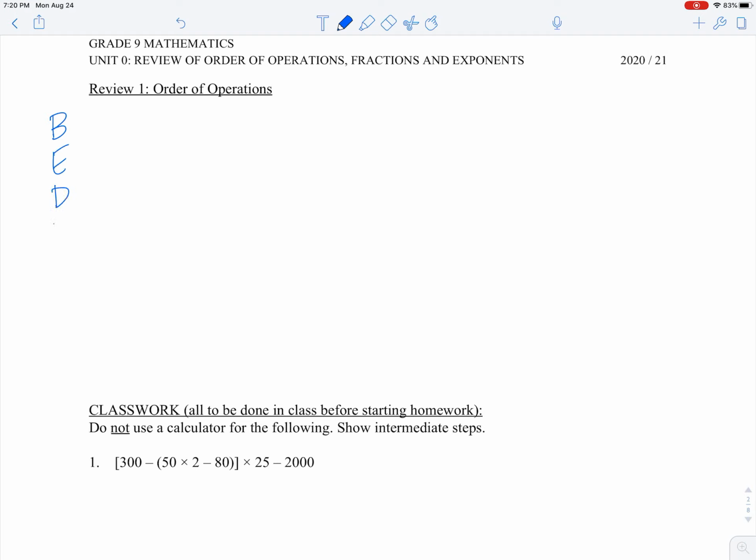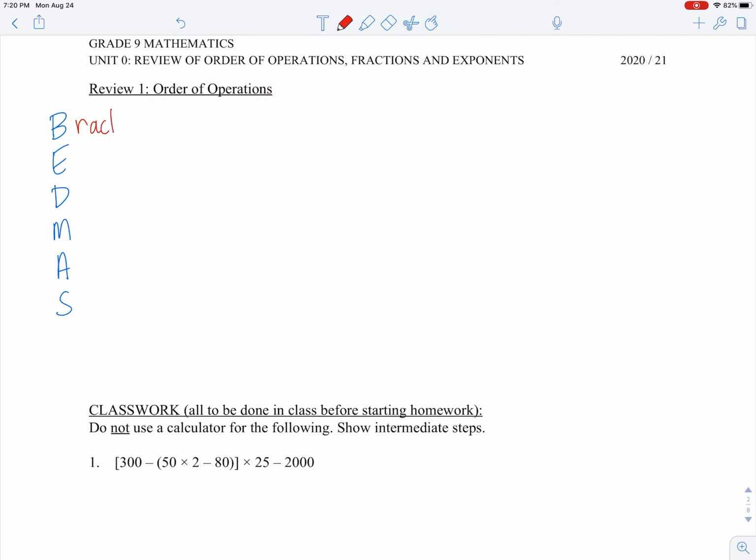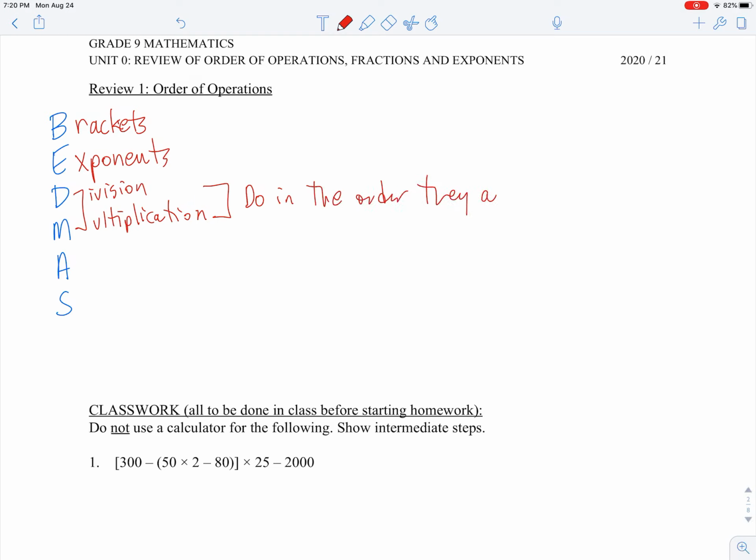The thing that I'm going to ask you to remember is BEDMAS, where B is for brackets, E is for exponents, D and M are for division and multiplication. We do these in the order they appear.